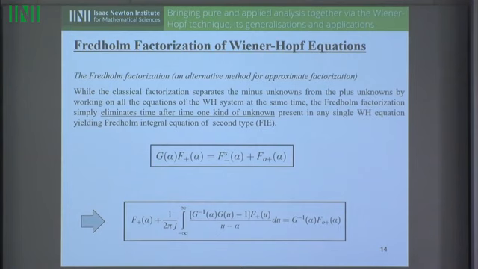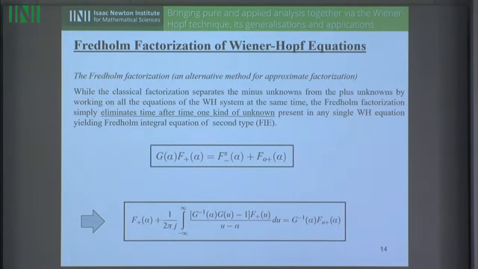Okay, let's start from what we call Fredholm factorization. Here are the inhomogeneous Wiener-Hopf equations, and at the end of the slide we get these equations. We believe that in most cases the kernel of these equations is compact, and the equation is of Fredholm kind, of the second kind.